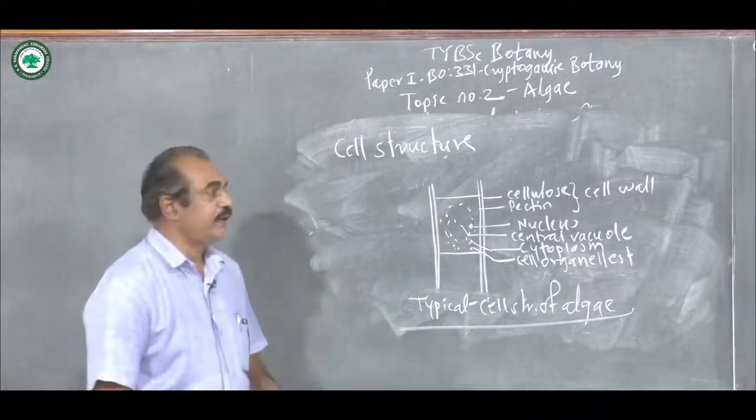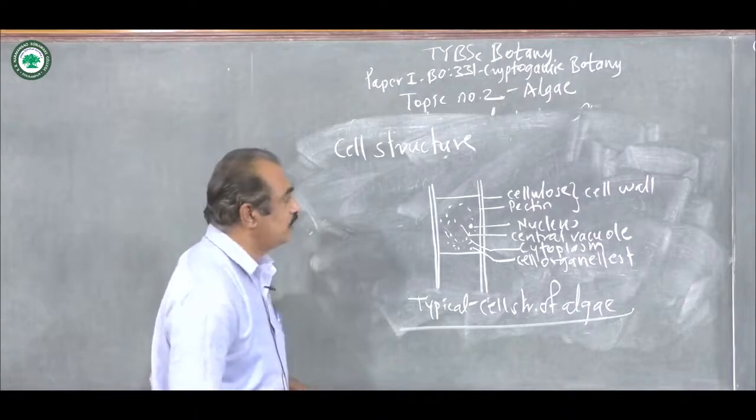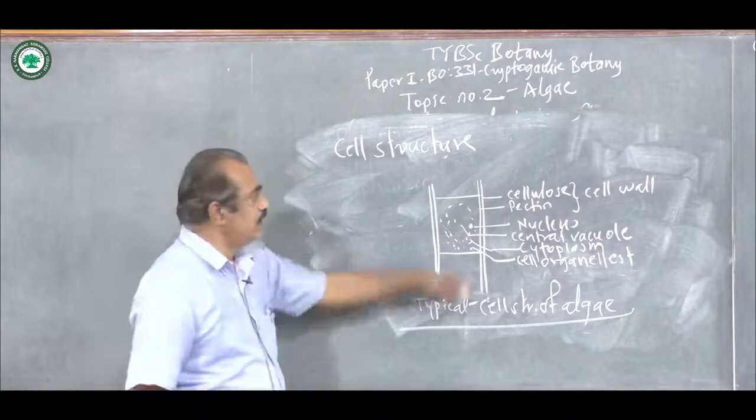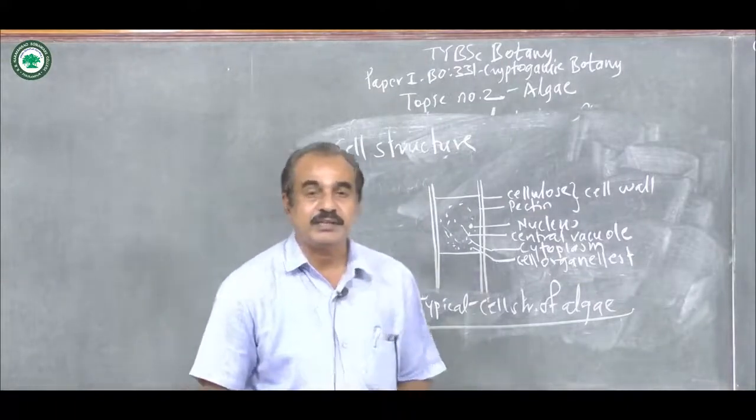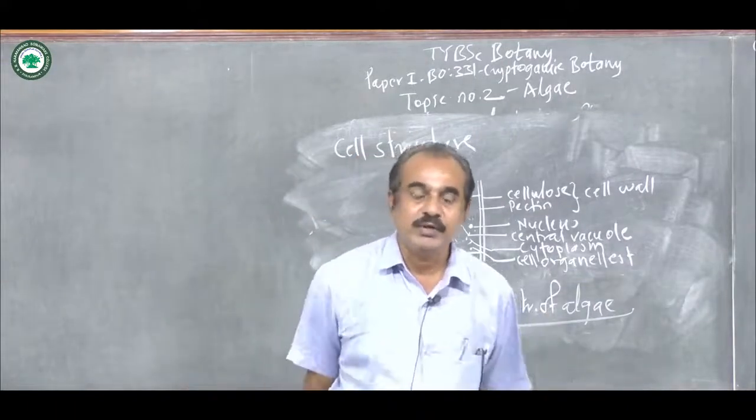It is somewhat rectangular in shape. It has two wall layers. The outer is formed by cellulose while the inner is formed by pectin. And there are different types of contents found in the cell wall, according to the species.